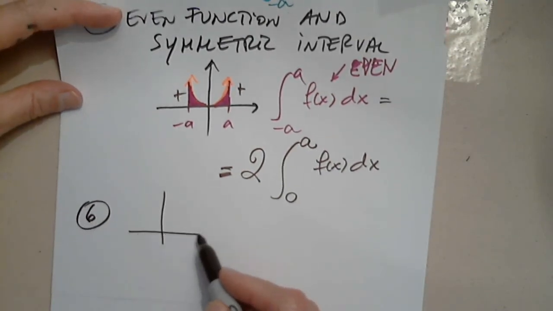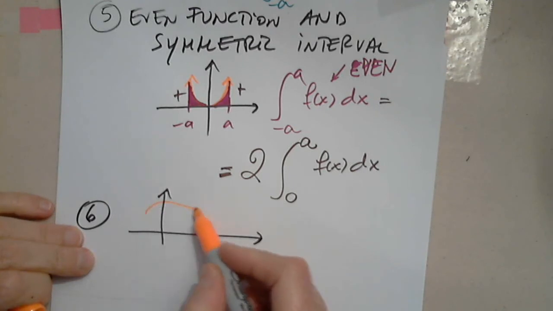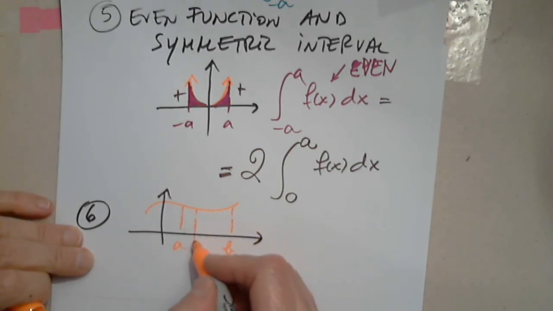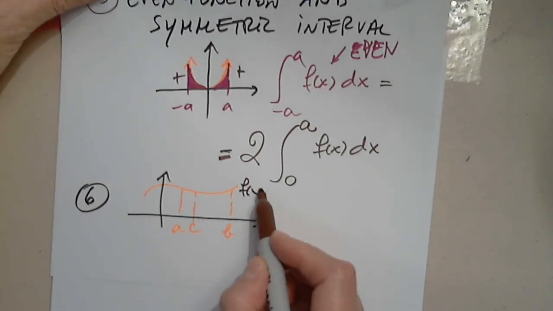Okay, next property, number 6. Let's take a look at this graph. So we have a function. Here's A, here's B, somewhere here is C. So this is function f of x.